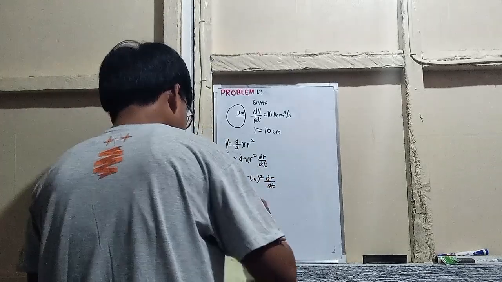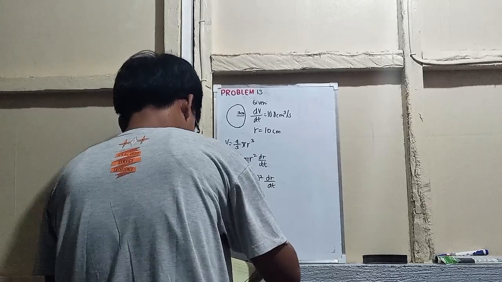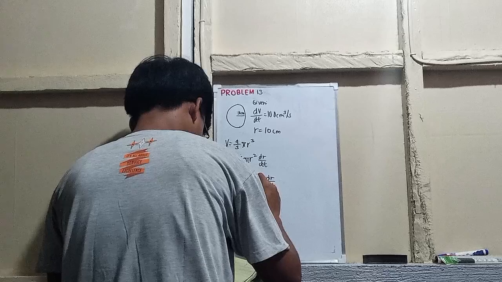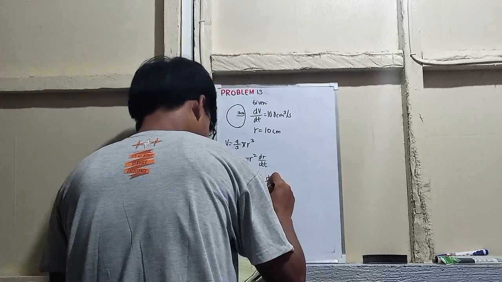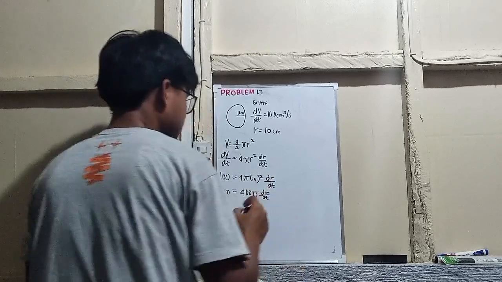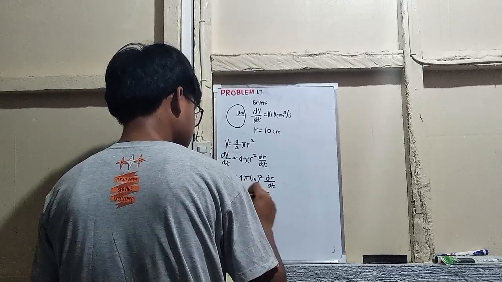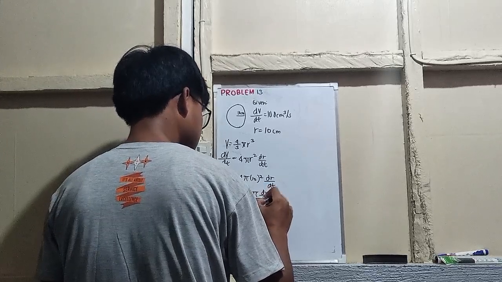Then solve. We'll get the 100 is equal to 400 pi dr/dt. Then divide both sides by 400 pi, so that will cancel.